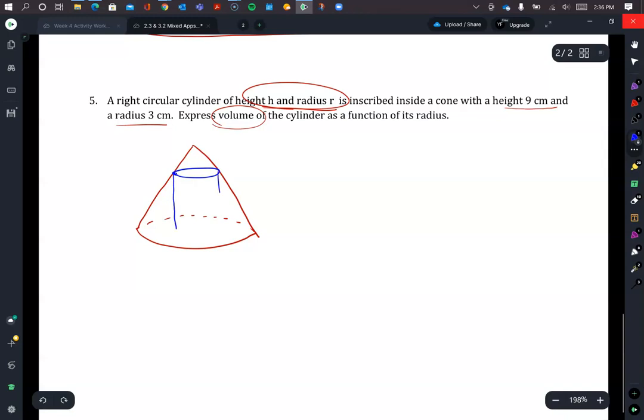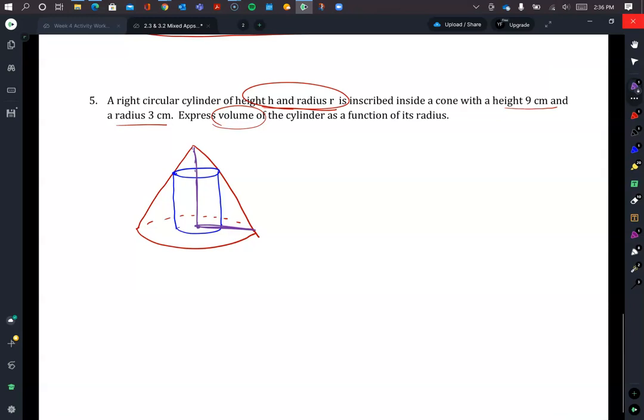And I'm dropping down to the bottom there. And then I have this radius in the middle, and that's going to go out to the edge of the cone. Okay, and then I have this top part here, which would be my height.